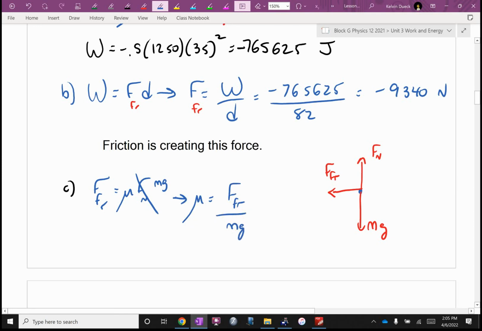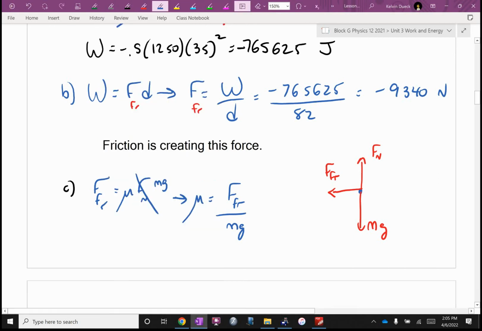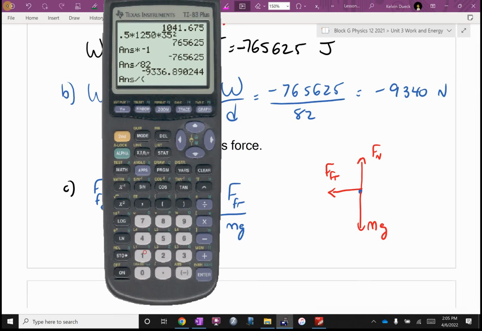Now, mu is a scalar. It's going to be positive, so if I had a negative still kicking around on my calculator, I would just ignore it. Answer button, divided by bracket, m, 1250, times g. You need a coefficient of friction of, ignoring the negative, 0.762.